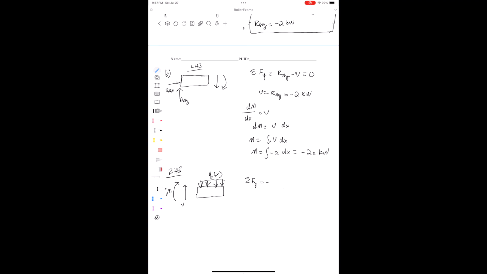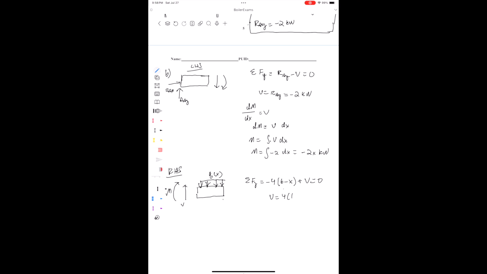So we have our sum of forces in y as being -4, and then remember, it's a function of x, but we're starting from the right-hand side, so you can't just straight up multiply it by x. It has to be 6 minus x, since we're starting over here at L equals 6 to build our equation, plus V equals 0.